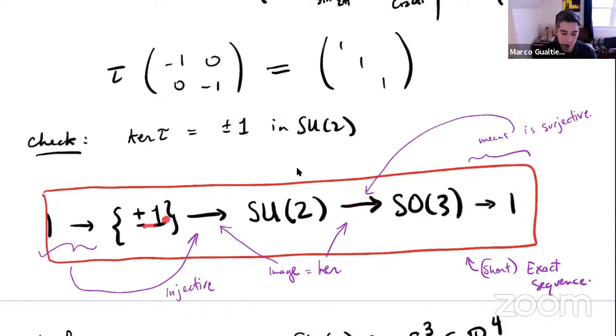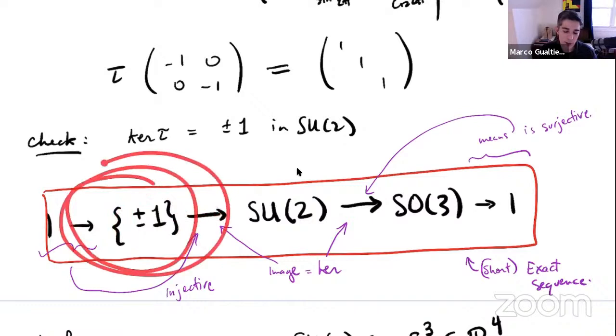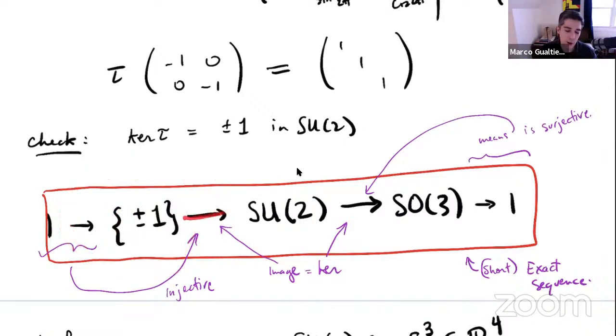Similarly here, the kernel of this map is the image of this map. But the image of this map is just 1. So that is implicitly saying that the kernel of this map is trivial, and therefore this is an injection. So exactness at this position is the relationship that the kernel of this map and the image of this map agree. To say that they agree is basically saying that you're not losing any information.